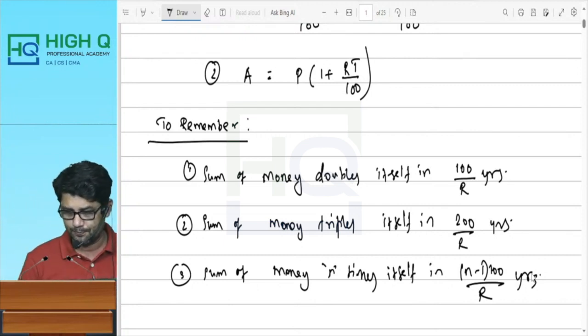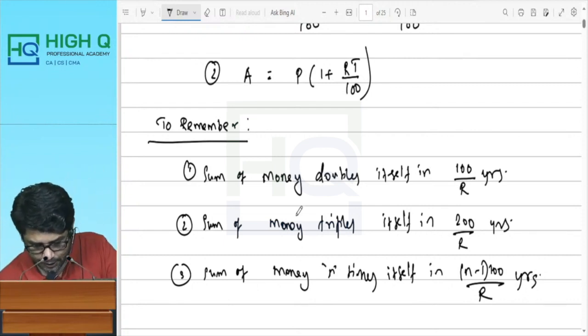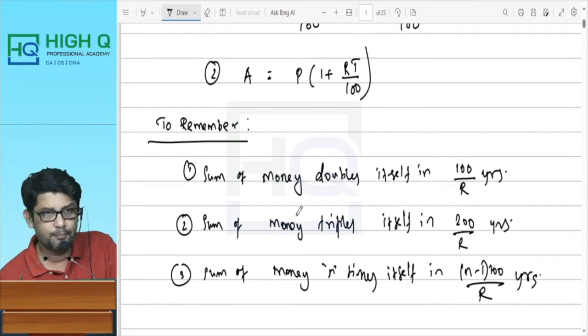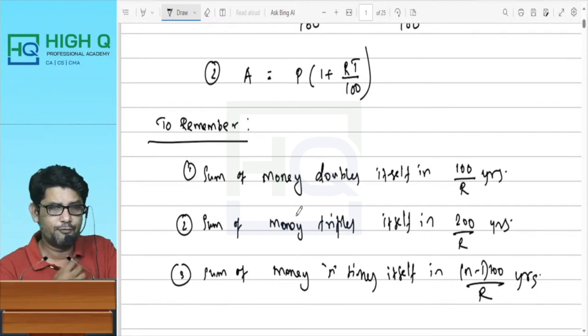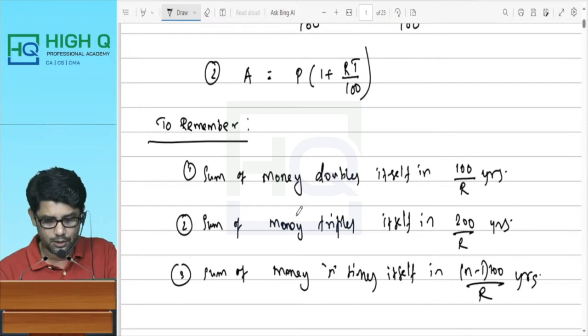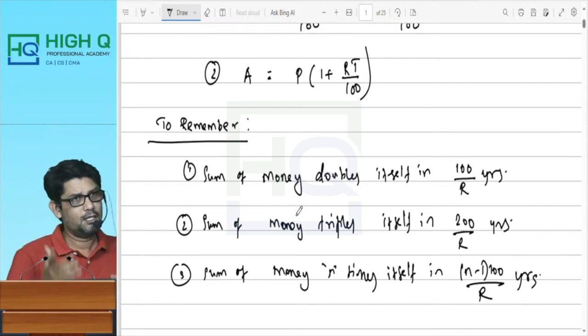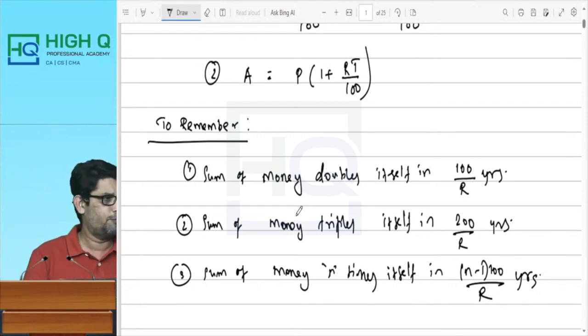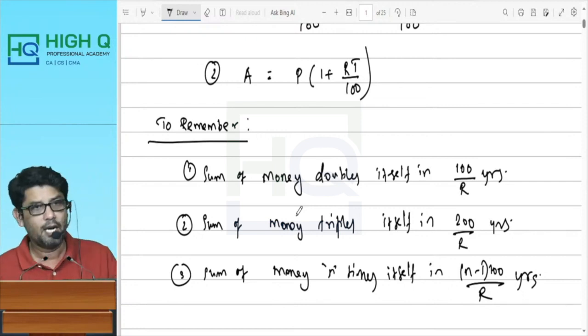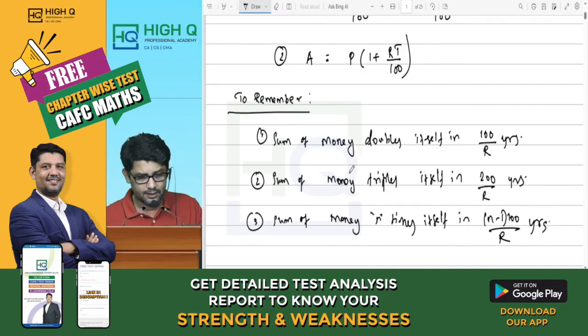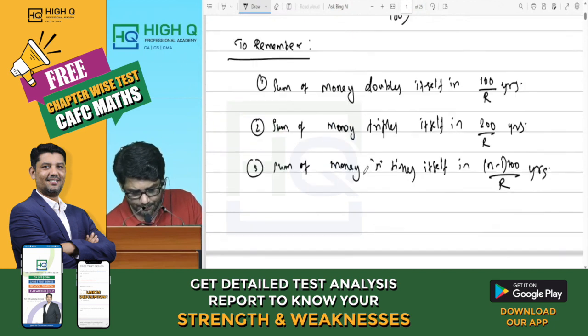So don't ignore this trick. People doing self-study may be coming across it for the first time, but others in coaching classes have already experienced and done this trick.